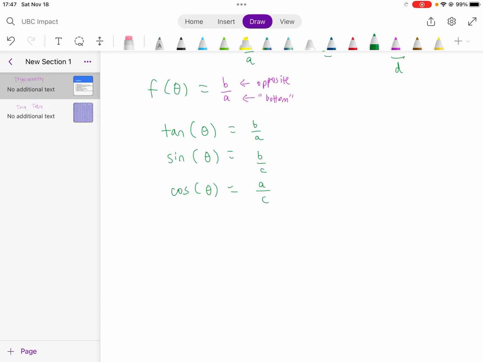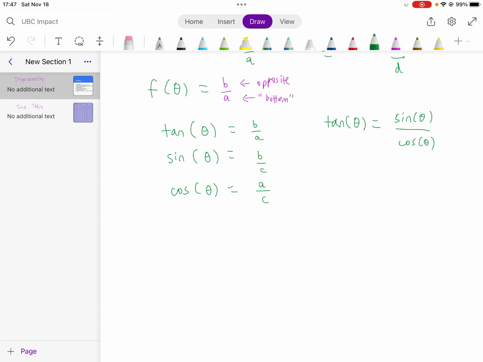So for any angle, there's a rule that says the tangent is equal to the sine over the cosine of that angle.